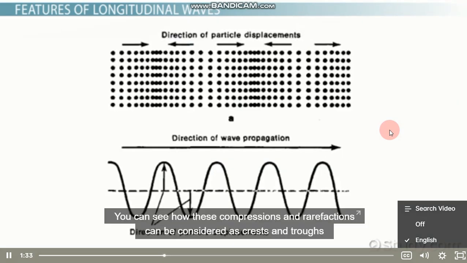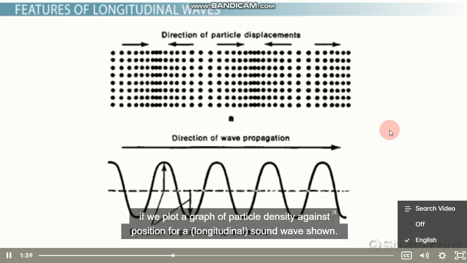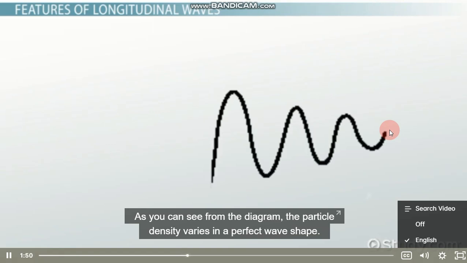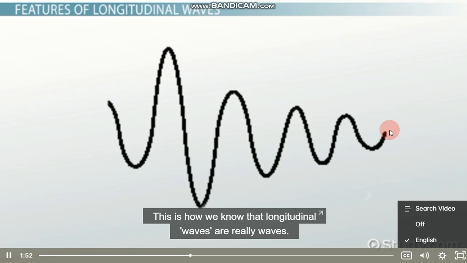You can see how these compressions and rarefactions can be considered as crests and troughs if we plot a graph of particle density against position for a longitudinal sound wave on screen now. As you can see from the diagram, the particle density varies in a perfect wave shape. This is how we know that longitudinal waves are really waves.